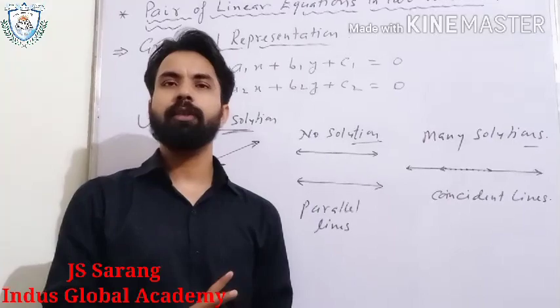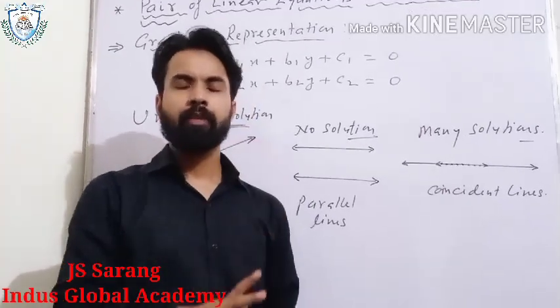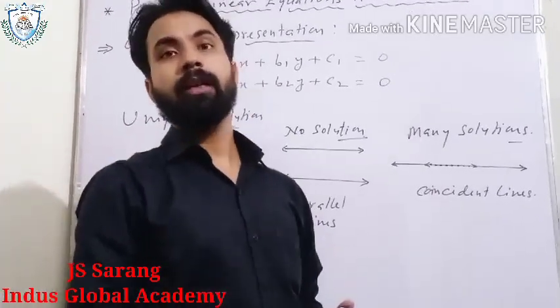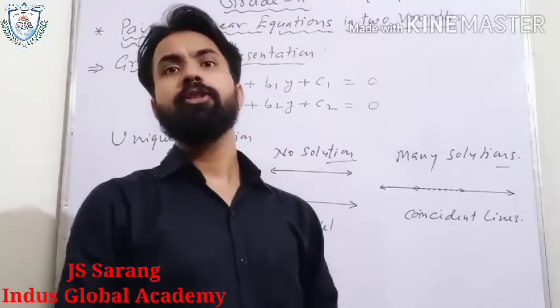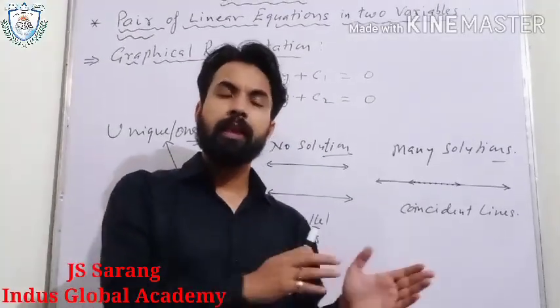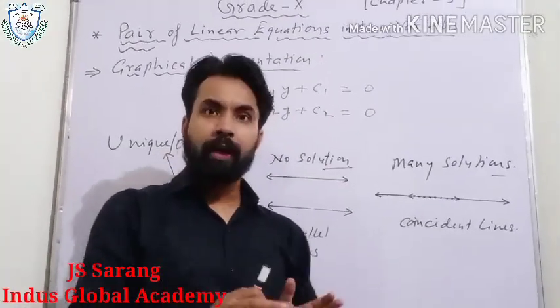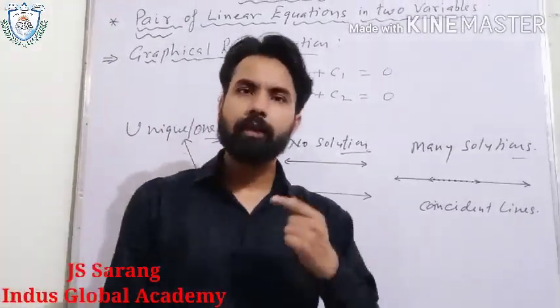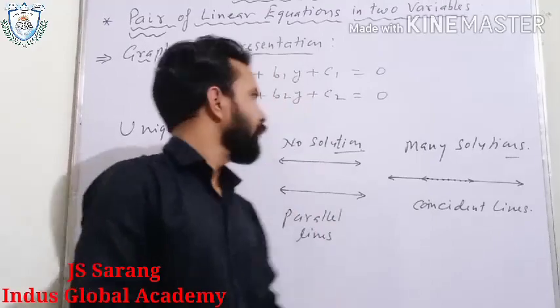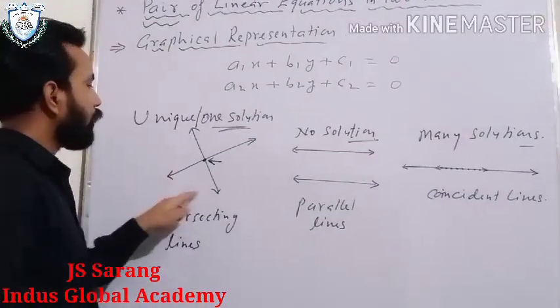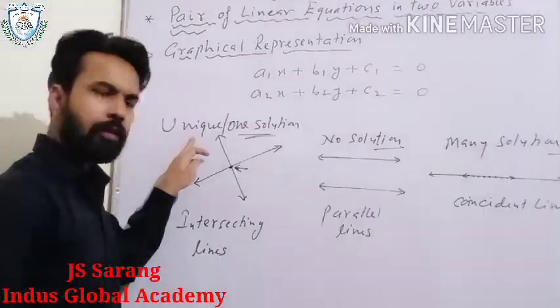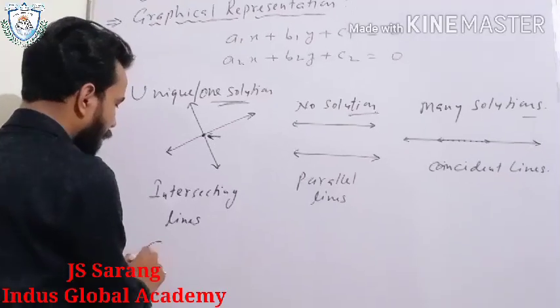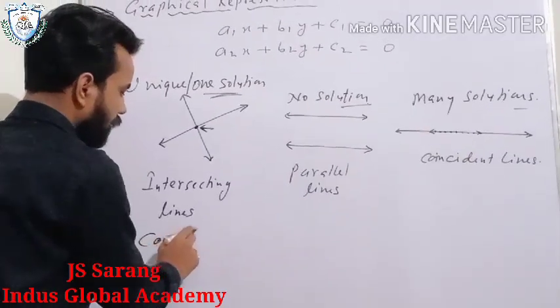So here this pair of linear equations has one solution, so the nature of this type of line is consistent.